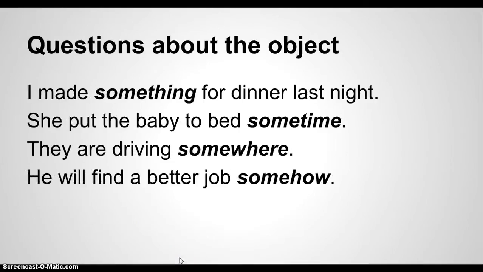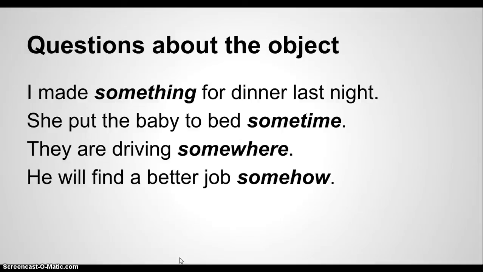Okay, now I would like you to try it. So here are some statements about things where some piece of information is missing. I made something for dinner last night, so you make the question that would ask about that thing. She put the baby to bed sometime. Okay.